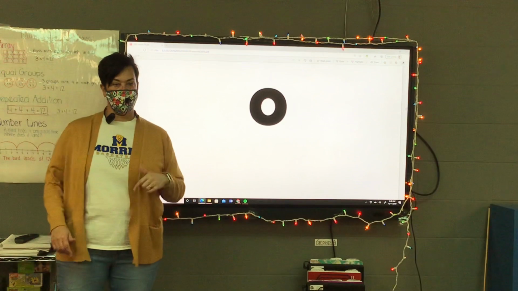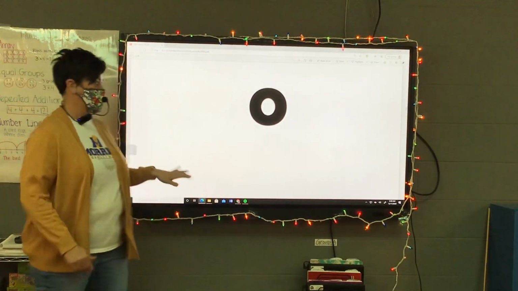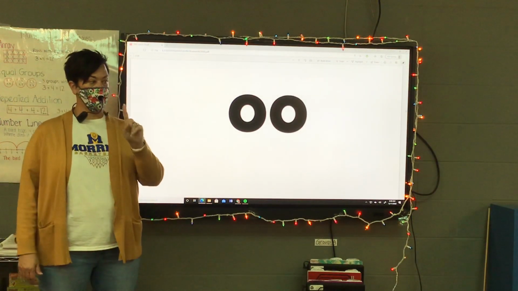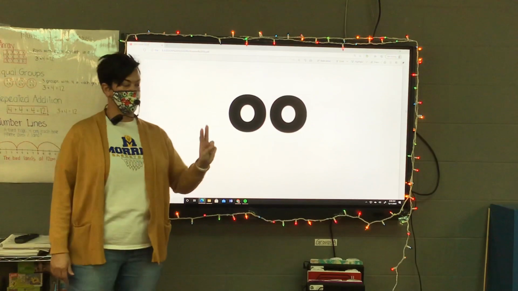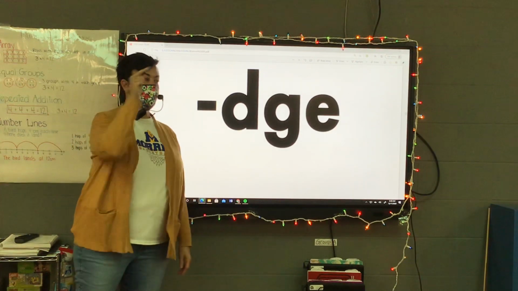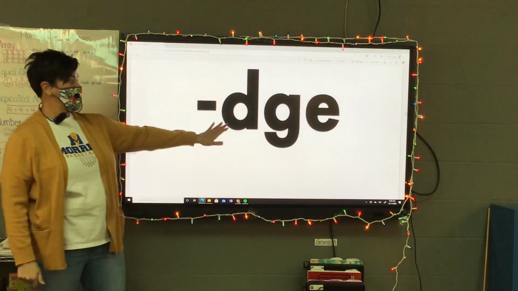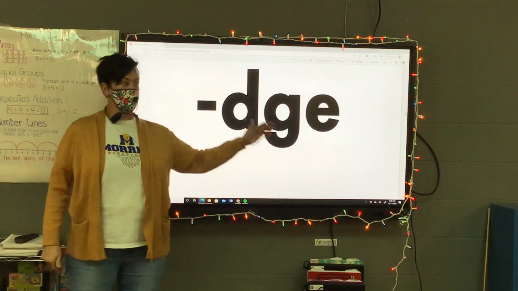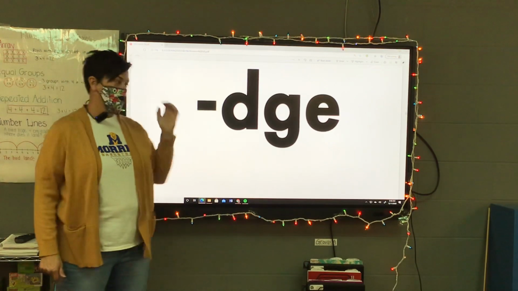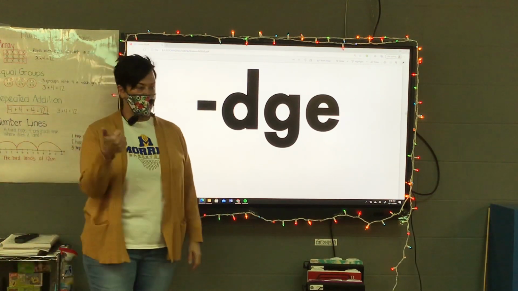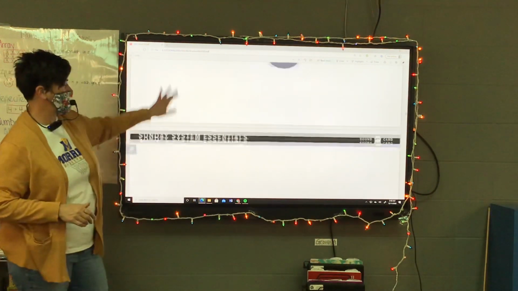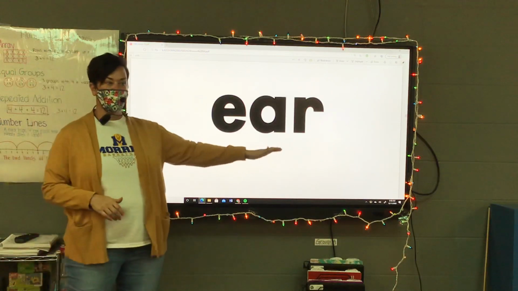O. Which one is short? Two sounds, right? First sound. Second sound. J. At the end of a word. And for this to be the DGE, J, what is right here in front of it, everyone? Short vowel. And our short vowels say a, e, i. Ear.